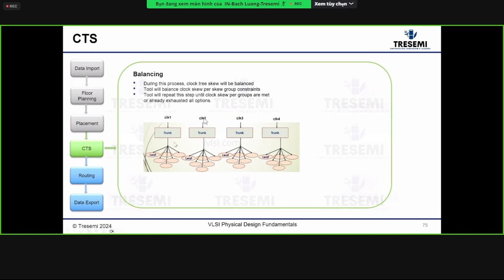You'll balance all different branches in the skew group. Makes sense. So the tool first does clustering, builds a tree based on DRV, and now it goes back for skew group and tries to balance the branches. So it's going to add buffers, additional buffers, or take away.